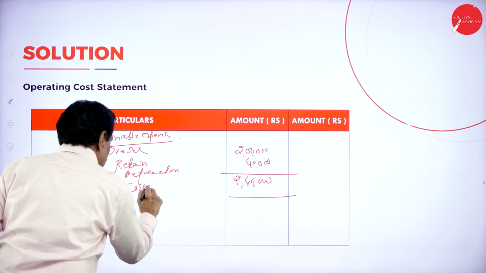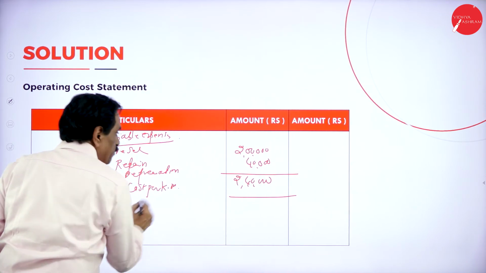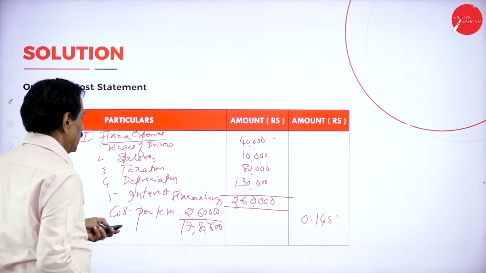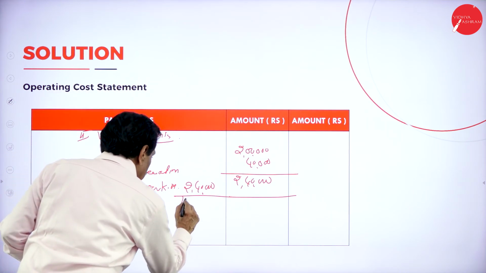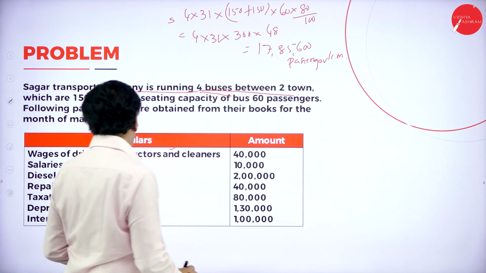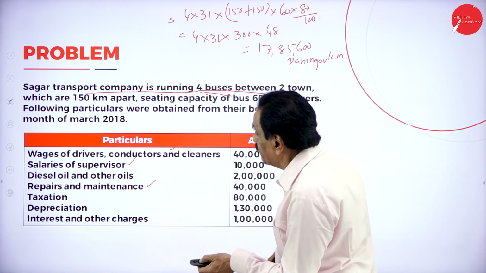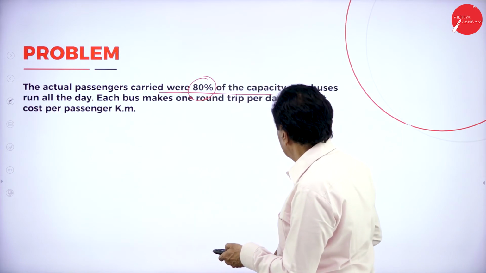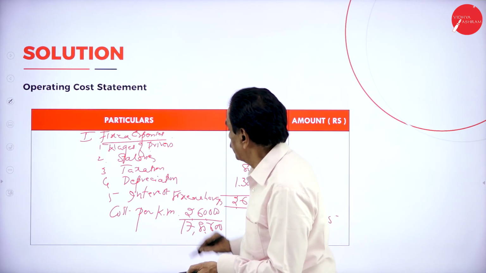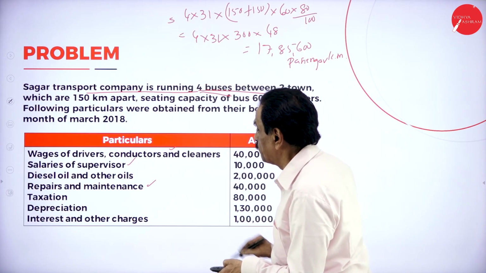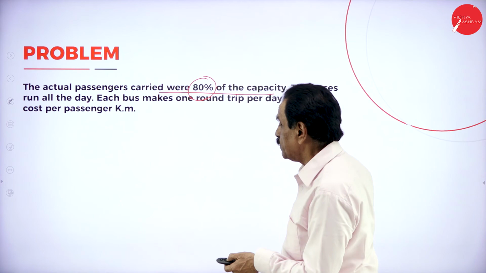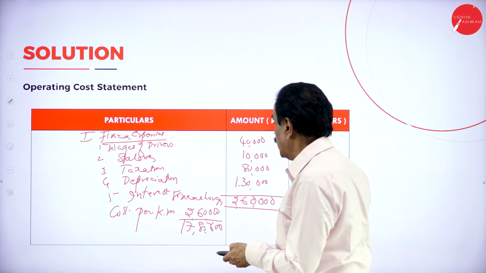Cost per kilometer: 2,40,000 divided by 17,85,600. Once again we can check this. Here wages of driver I have taken as fixed. Salary you have taken fixed. Then taxation 80,000. Then depreciation.